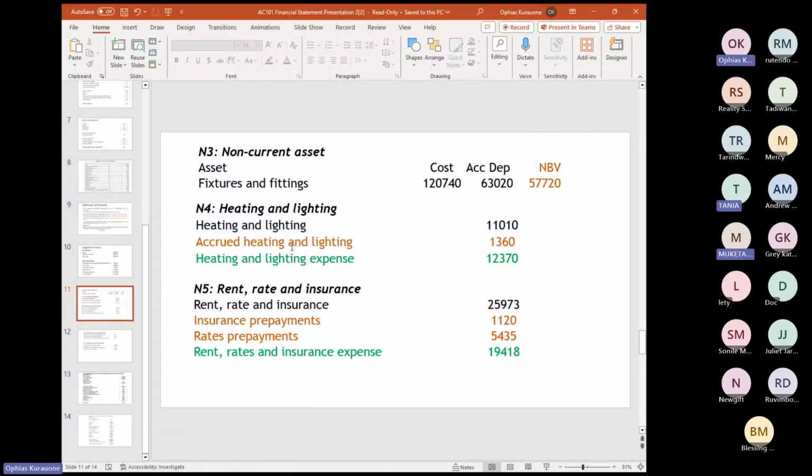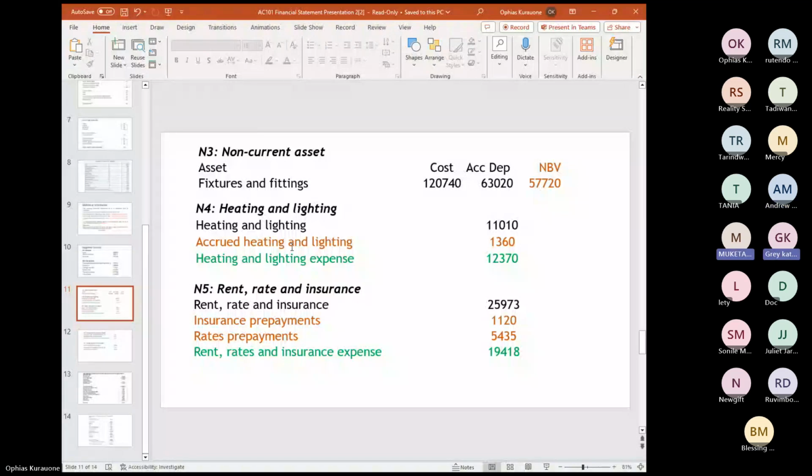For example, sorry, can you change the screen? We are not seeing where we are calculating the depreciation. The screen is not yet displaying it, sir.